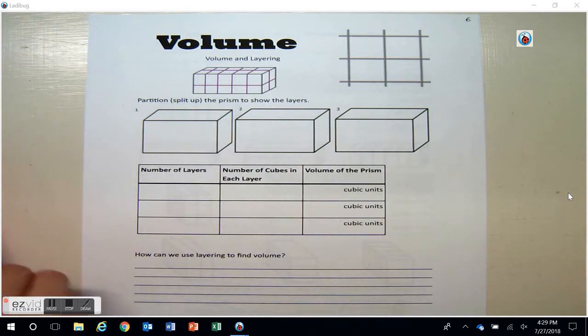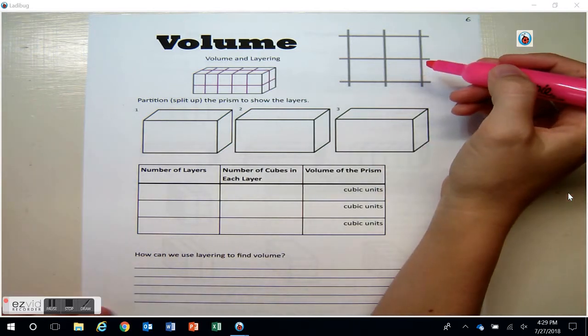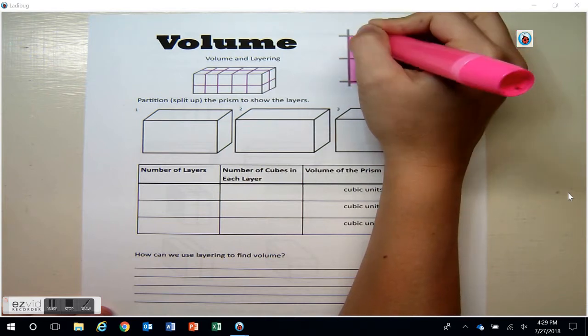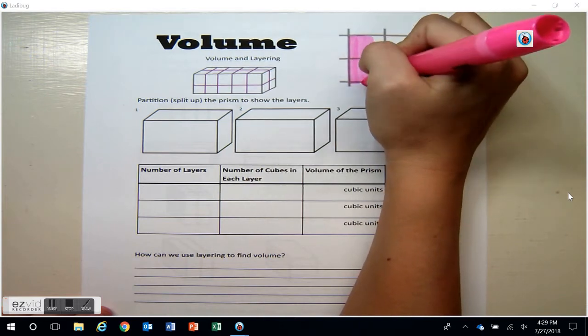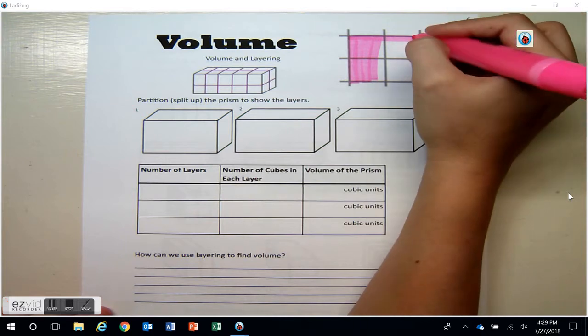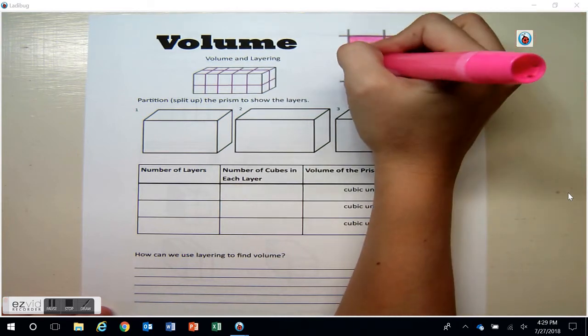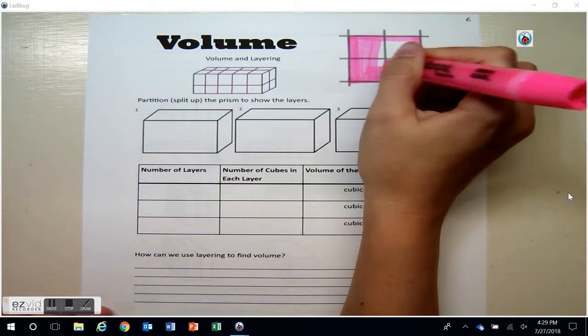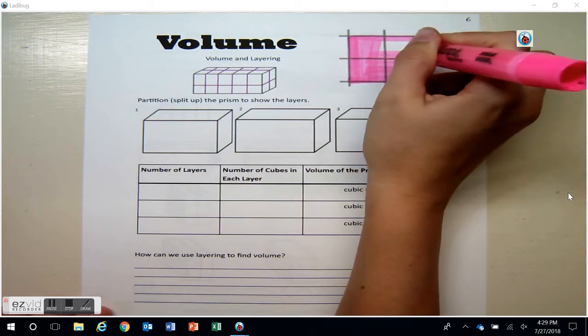Okay, so let's look at this grid here. And I'm going to color in these 4 squares so that I have an area of 4 square units.